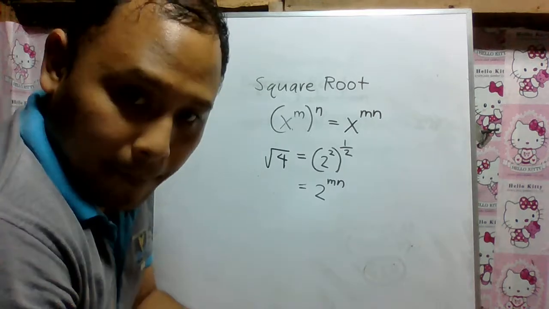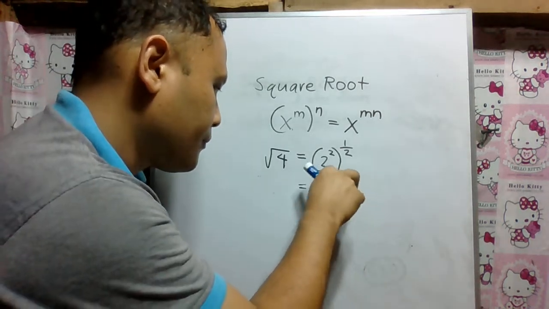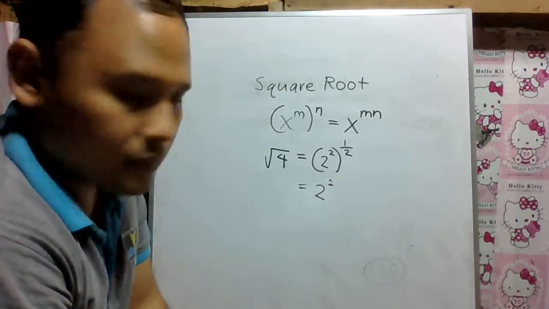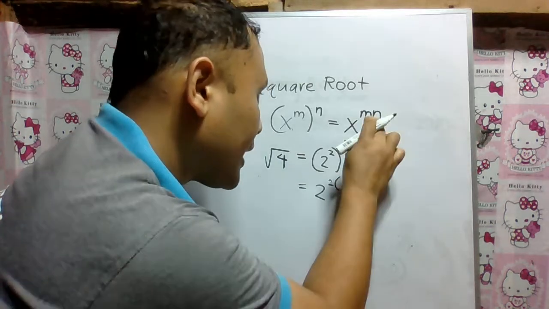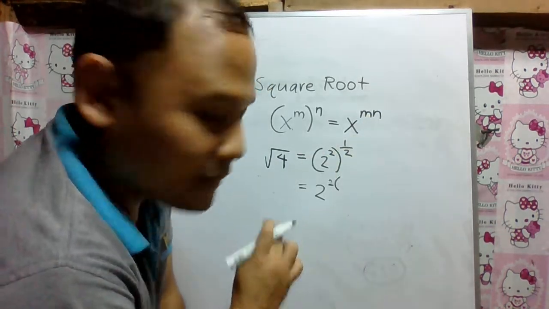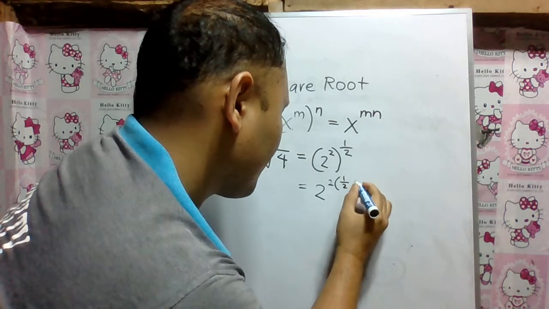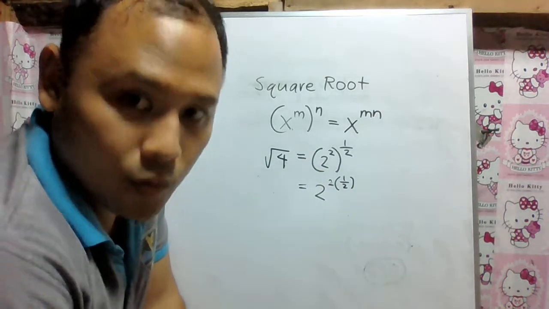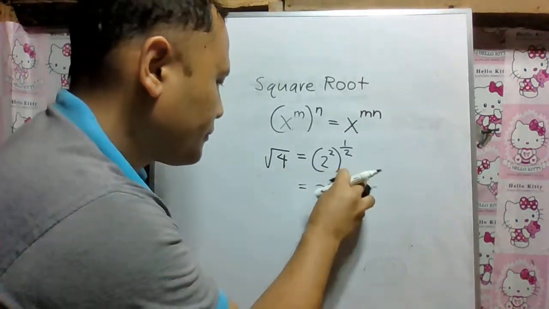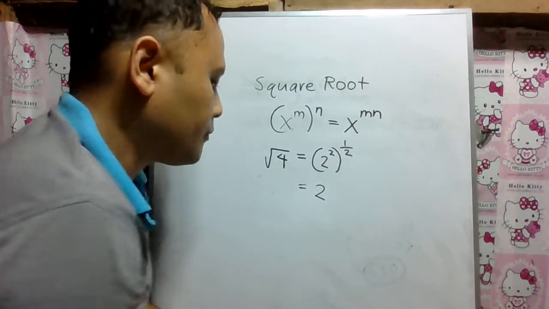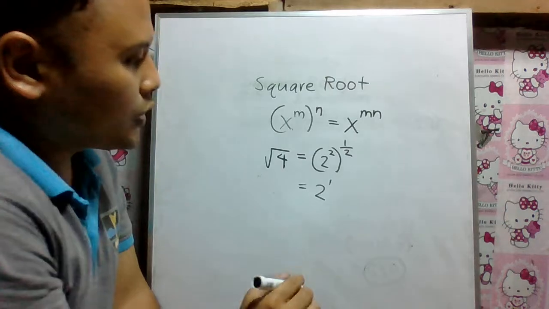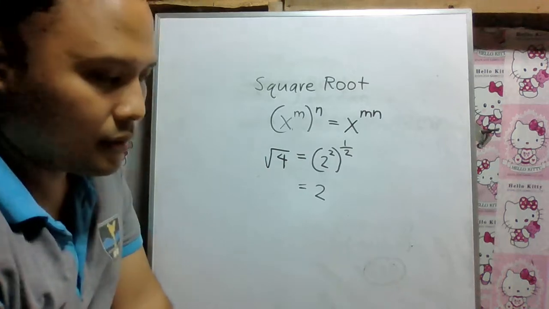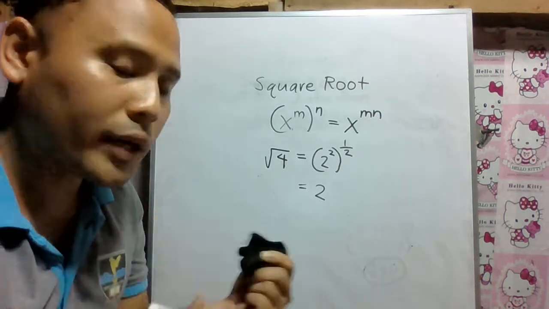So the value of our m is 2. Okay? And the value of our n is 1/2. So 2 times 1/2 is equal to 1. So since the exponent is 1, we can erase that 1. Any number having no exponent is considered to have an exponent of 1.